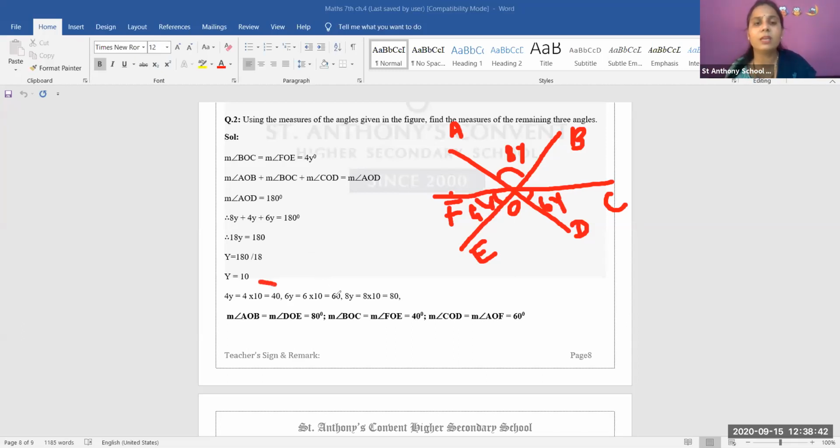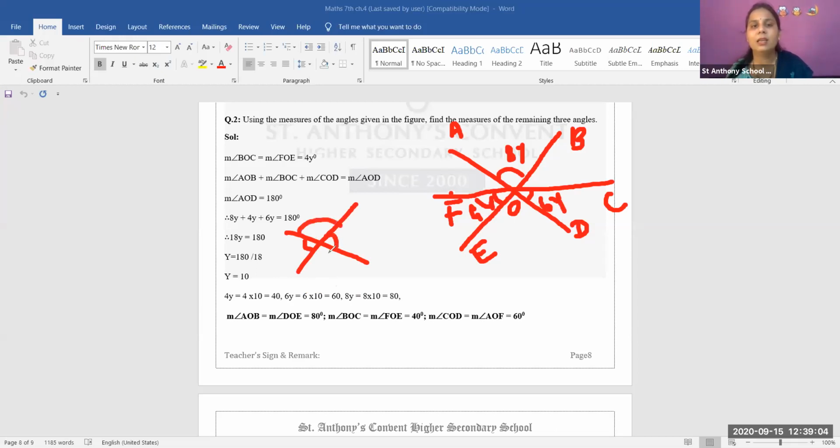Angles in a linear pair means angles that lie on a straight angle. These angles are angles in a linear pair. But these two angles, this angle and this angle, are vertically opposite angles. Whenever an x is formed, the angles that appear opposite to each other, looking at each other, are vertically opposite angles. These two angles are vertically opposite angles whenever the x is there.